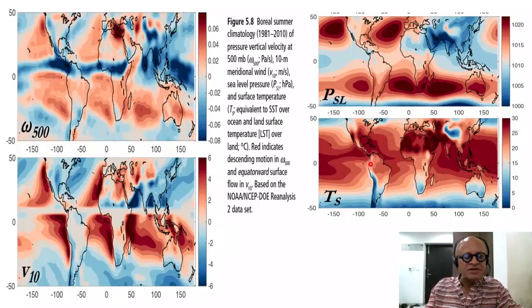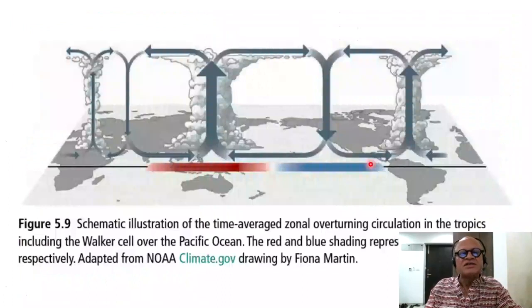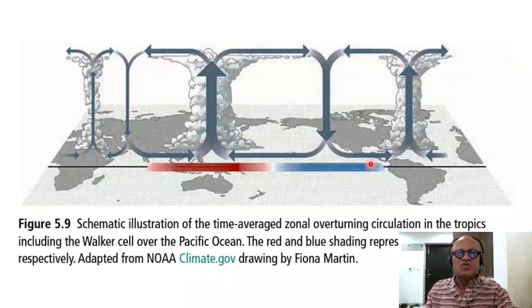So the ocean atmosphere interactions can be easily seen in these kinds of plots that are very instructive if you remember how to interpret the ocean and the atmosphere together.